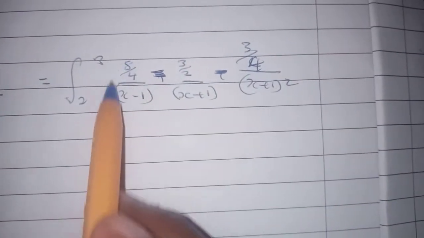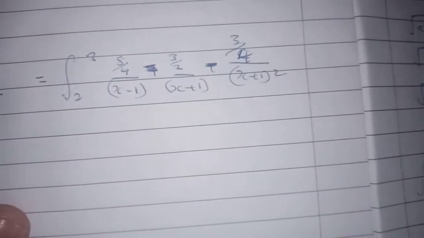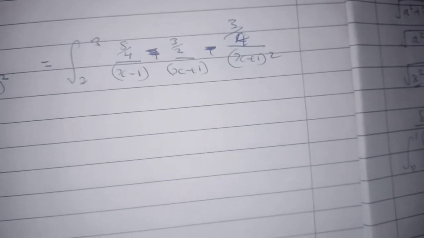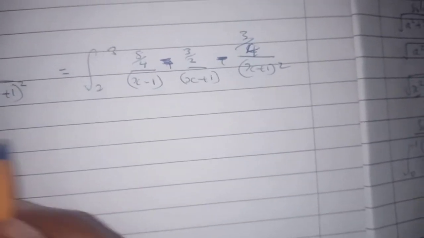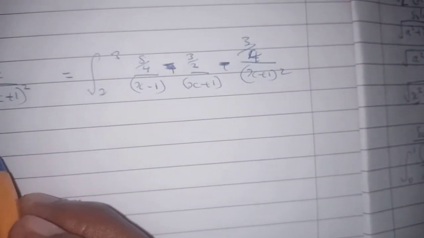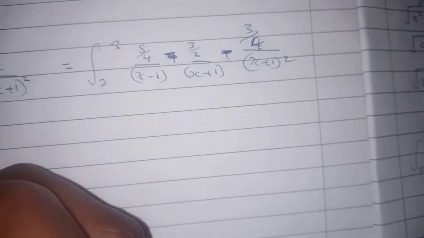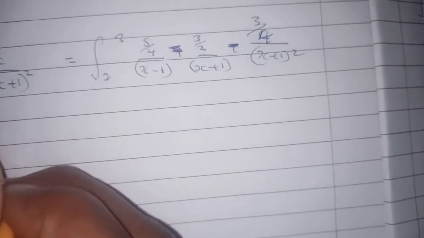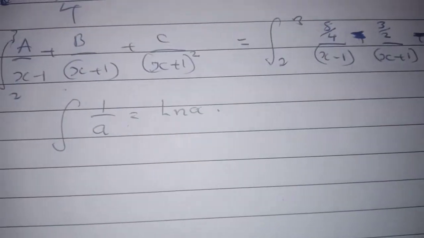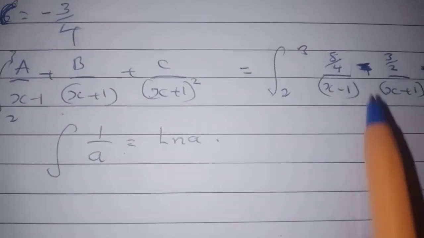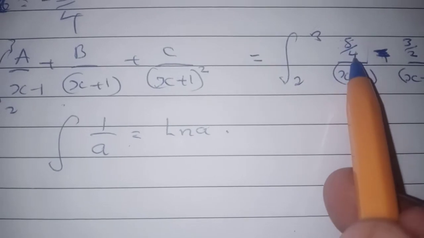So let me show now how to integrate. We said that the integral of 1 over a is just natural log of a. Remember these integrals, yes or no? 5/4 here is a constant.